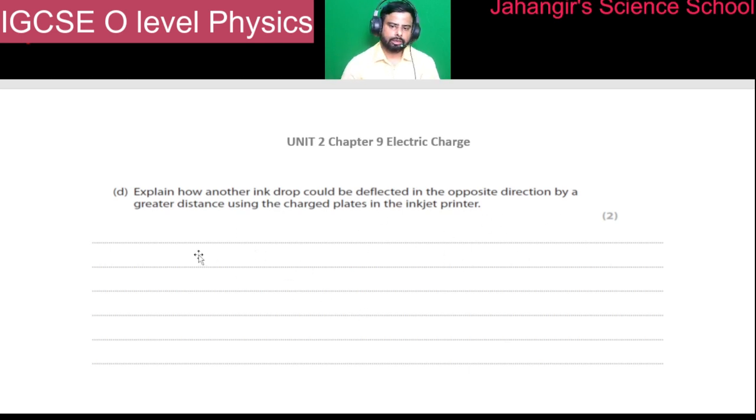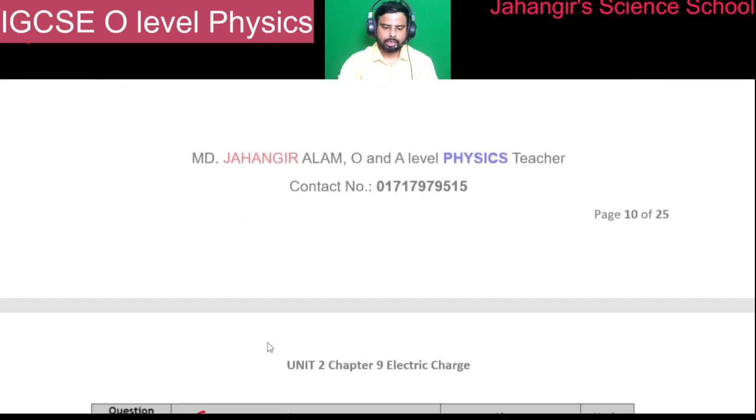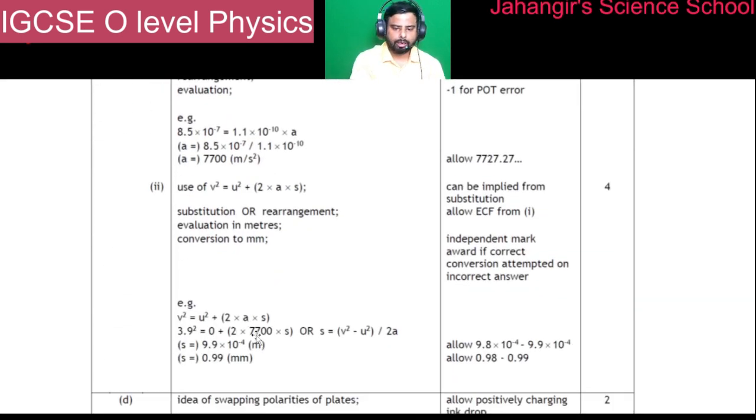We can deflect this charged ink droplet in the opposite direction by changing the polarity of the deflecting plates, that means swapping the polarities of the plates, and by increasing the amount of charge on the plate, or by increasing the amount of charge on the ink drop, or by decreasing the mass or volume of the ink drop.